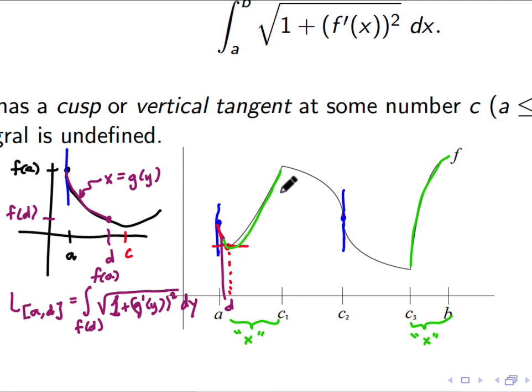This integral will give us the length of the curve from x equals a to x equals d, between d and c1, and from c3 to b. We can integrate in terms of x to get the lengths of these pieces of the graph, because we have no places in this interval where we have any vertical tangents.